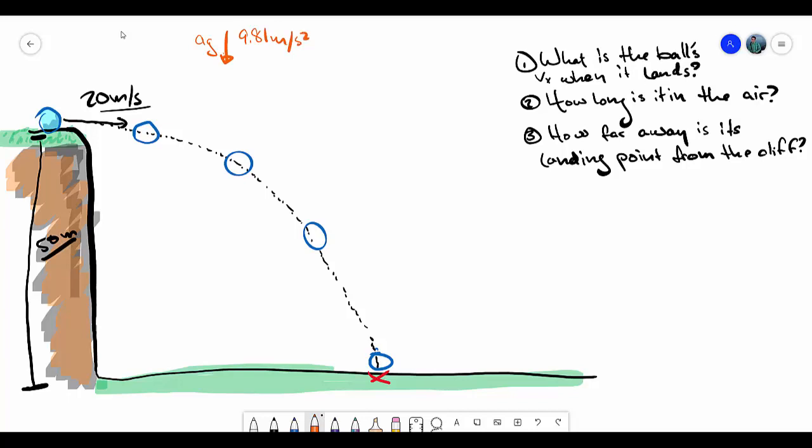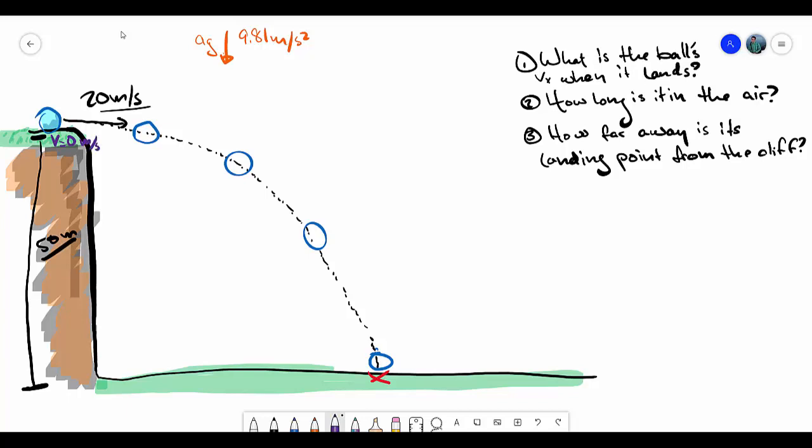So the ball's velocity will start to move downward 9.81 meters per second squared every second. So its initial velocity off the cliff, its initial Vy, is going to be 0. So here, Vy equals 0 meters per second.